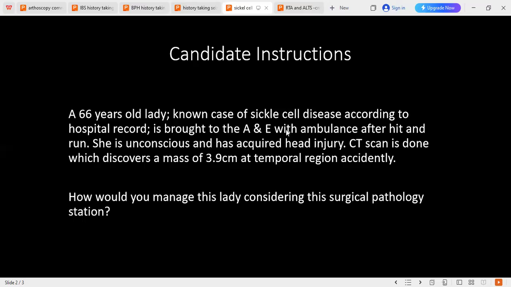How does it affect the use of tourniquets on patients with sickle cell disease? You should use them with caution. Why? It will aggravate the sickling more.